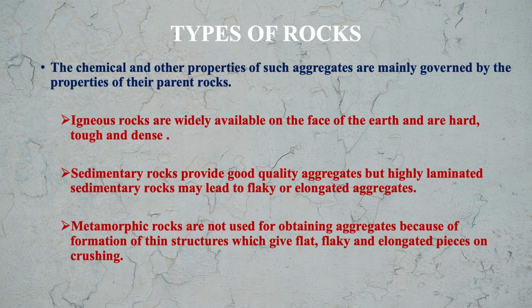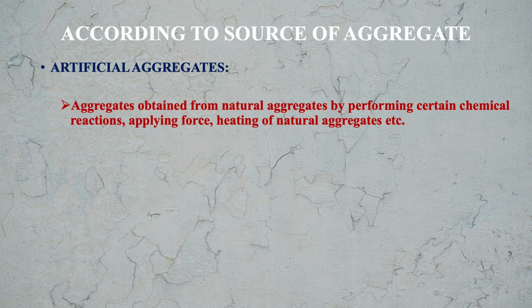So they are generally not fit for making aggregate for the concrete. Now let us take the second type, artificial aggregates. These are the aggregates obtained from natural aggregates by performing certain chemical reaction or applying force or heating of natural aggregates, etc. So artificial aggregates are also ultimately obtained from the natural aggregates, but by doing some operations.